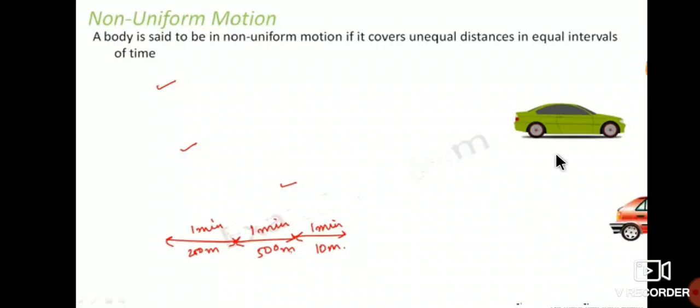Here they have given three cars leaving from the same position. The first one is this one, the second is green, and the third is orange. Someone moves fast, this one moves slow, and this one moves very fast.